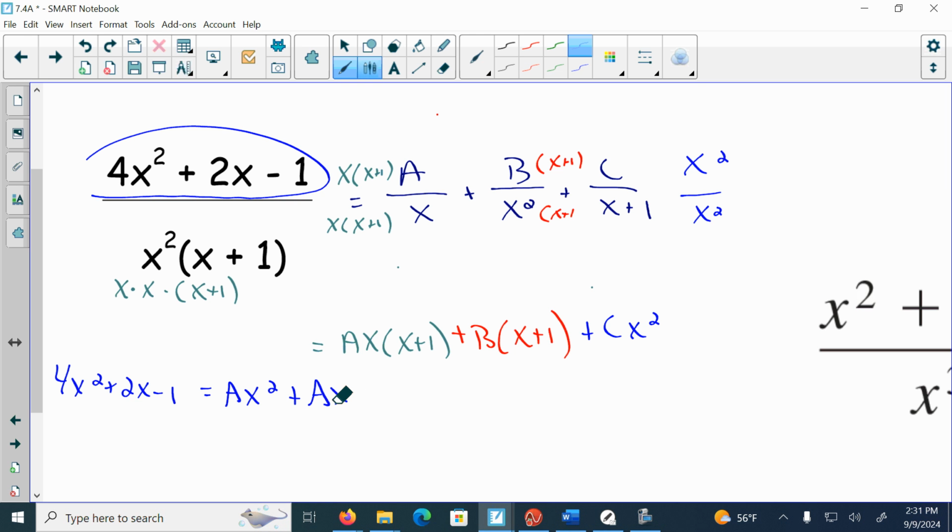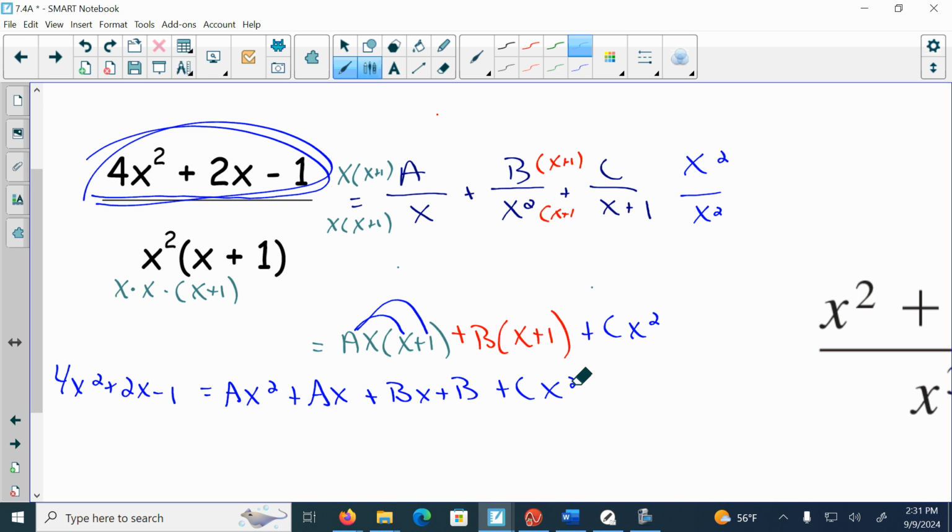Yes? Ax squared, ax. Then plus bx plus b plus cx squared.